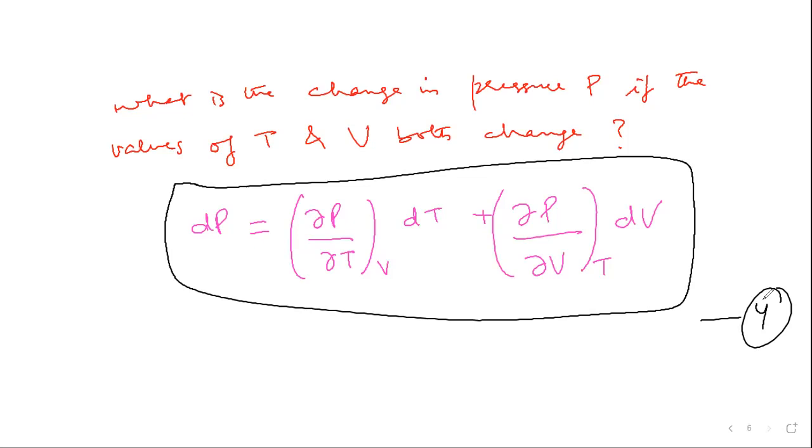And this expression is valid only for small changes in pressure, because for small changes, these partial derivatives are constant. For larger changes, we have to take the variation of the derivatives into consideration, and to calculate those changes, we have to use second order derivatives also, right?